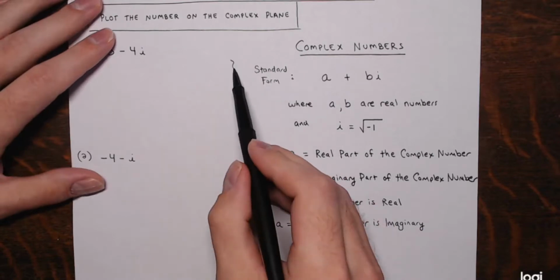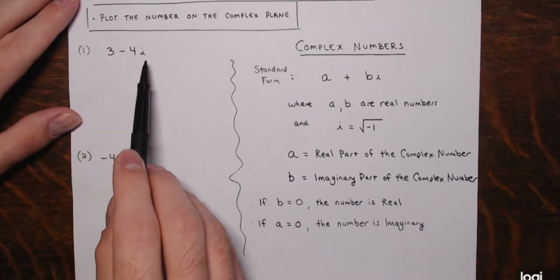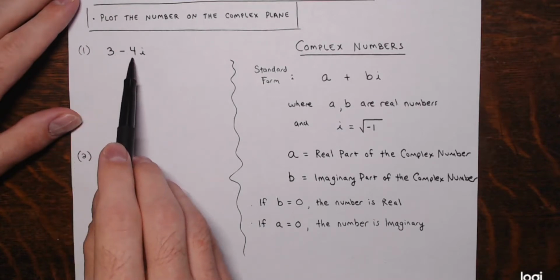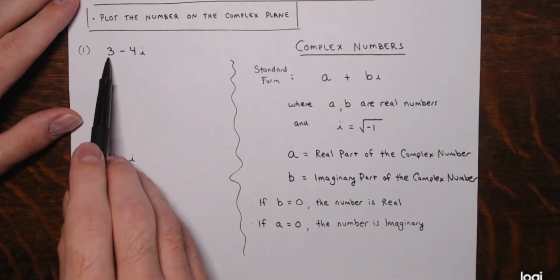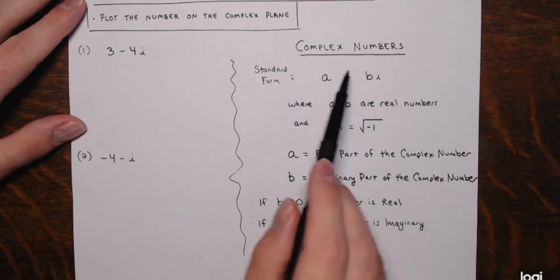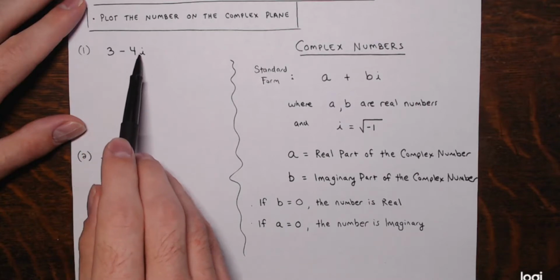All right, so we're seeing some examples of complex numbers over here. We have 3 minus 4i. So a is 3, the real part is 3, and the b, the imaginary part, is negative 4. Don't forget negatives; you can always write this as 3 plus negative 4i.